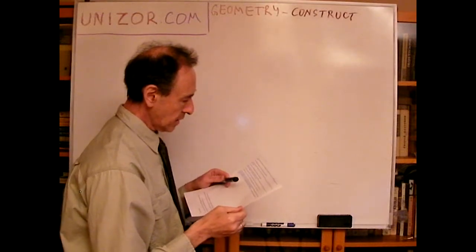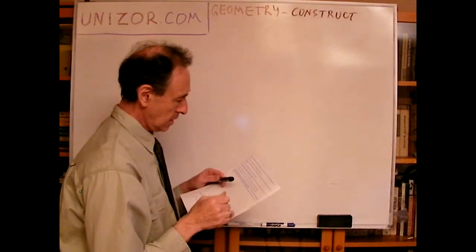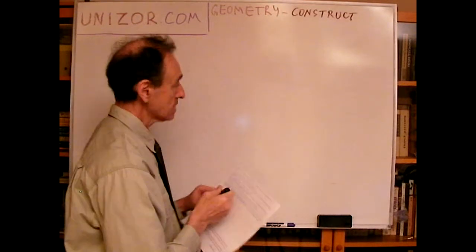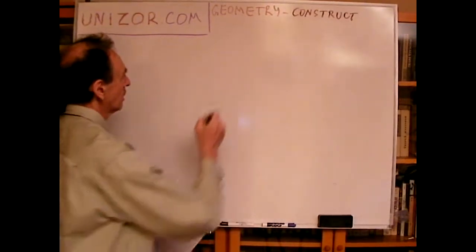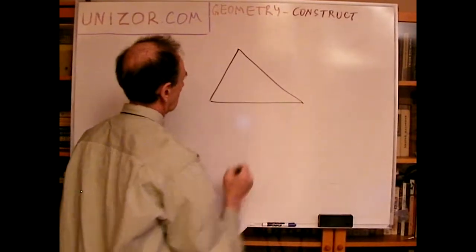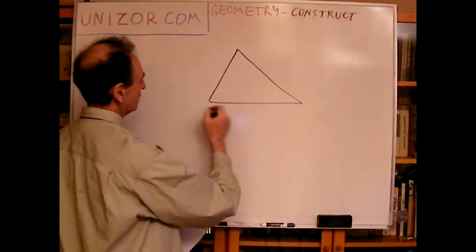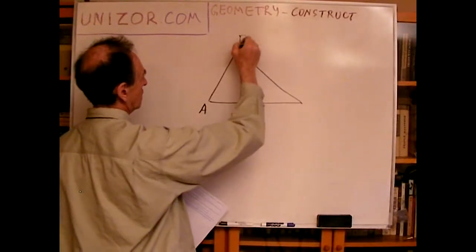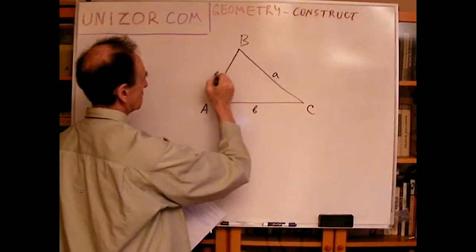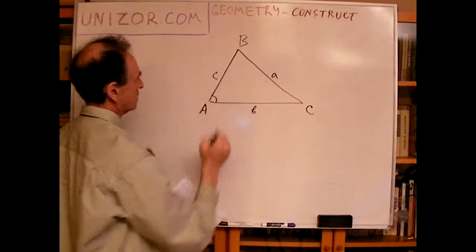Construct a triangle by a side, an angle it makes with another side, and the sum of two other sides. Okay, it's kind of similar. So if you have a triangle, and what's given is A, B, C, and this angle.